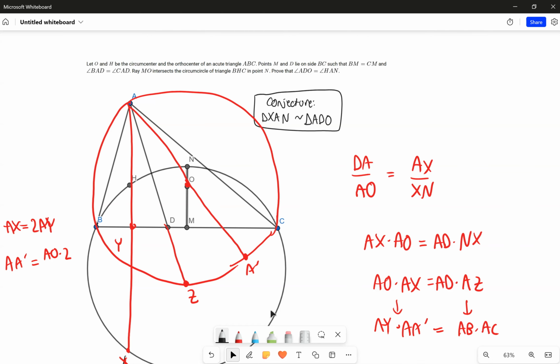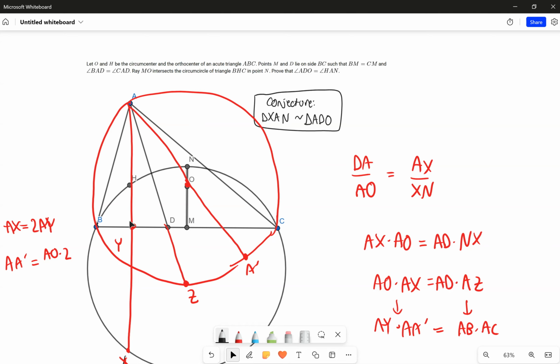But now note from earlier that lines AH and AO are isogonal to each other. And the line BC and the circumcircle of ABC invert to each other with respect to the force-overlaid inversion.